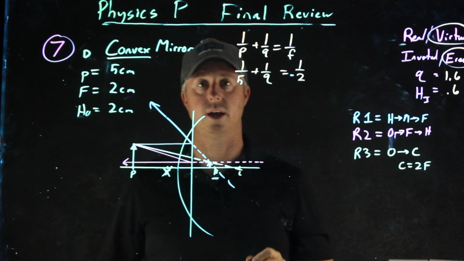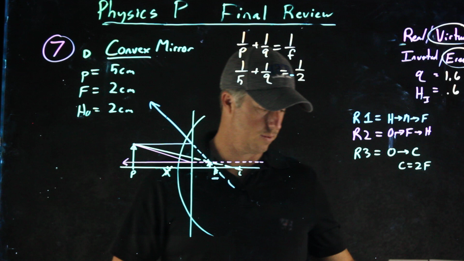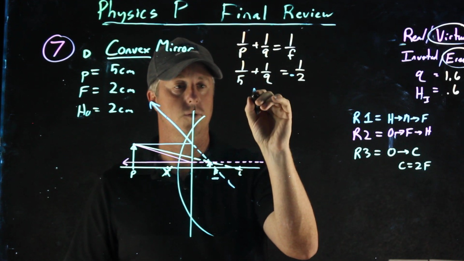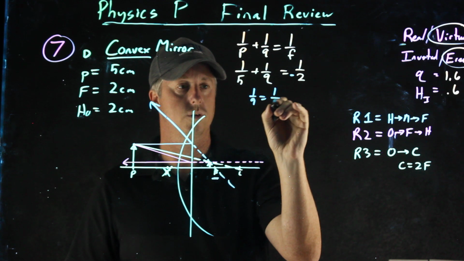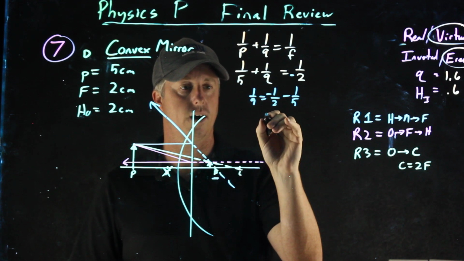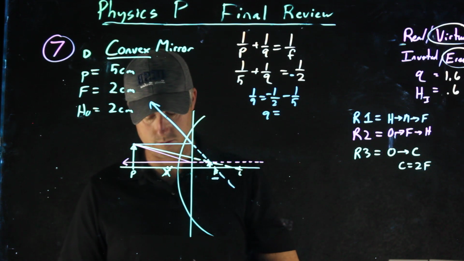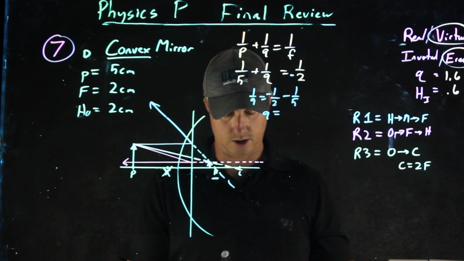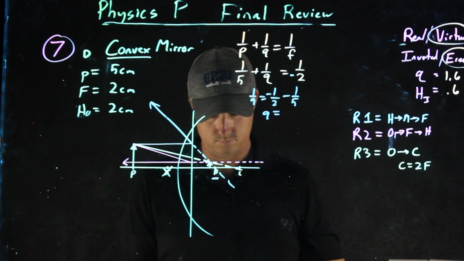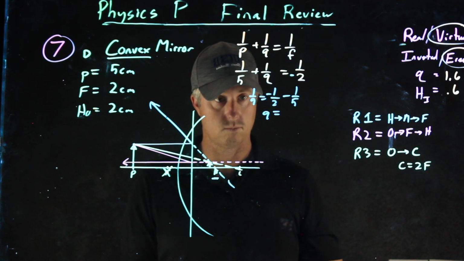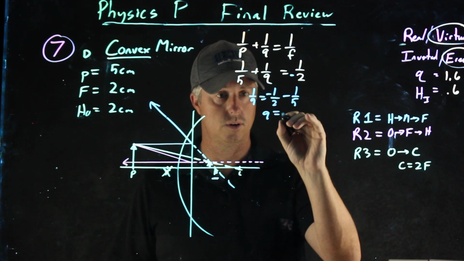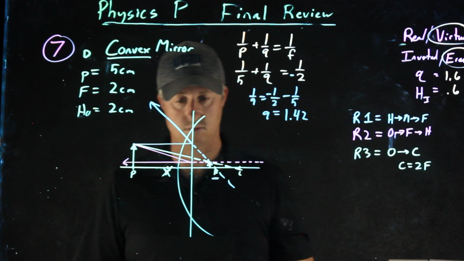So this is going to be negative. Okay, and so we solve this. 1 over Q is equal to negative 1/2 minus 1 by 5. Q equals. So let's just punch these on the calculator real quick. I get an answer of 1.42.